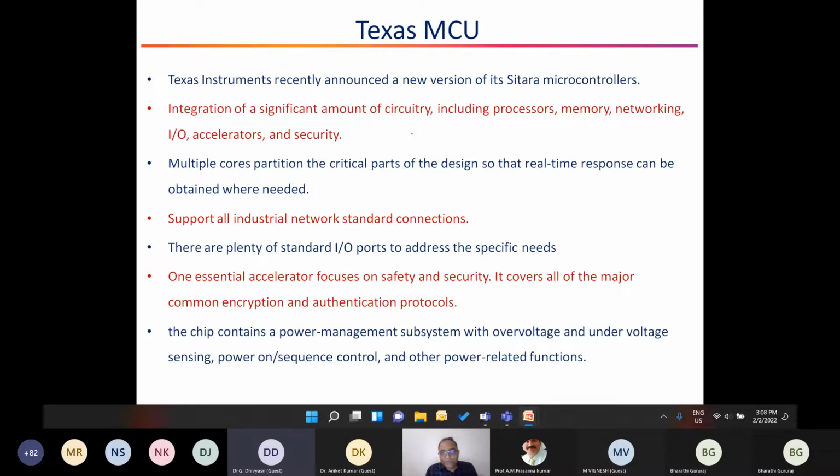The chip employed in the Sitara set of microcontrollers has a power management system with overvoltage and undervoltage sensing. It will also offer all power related functions, which would help you maintain these equipments in a better way as compared to the existing controllers we have.